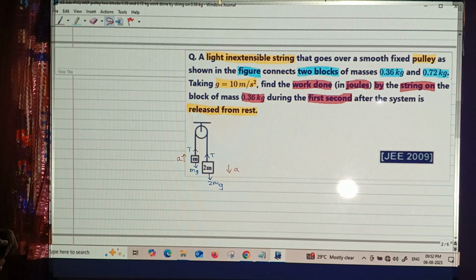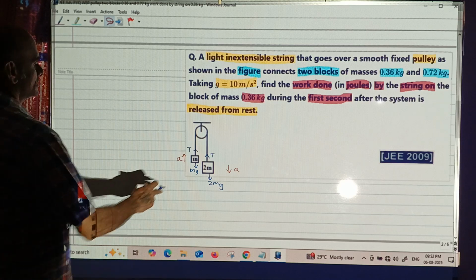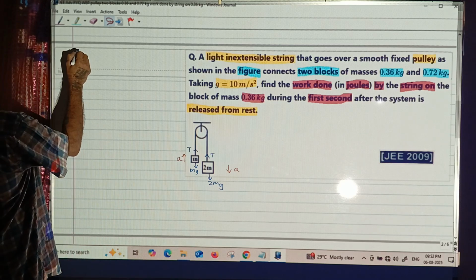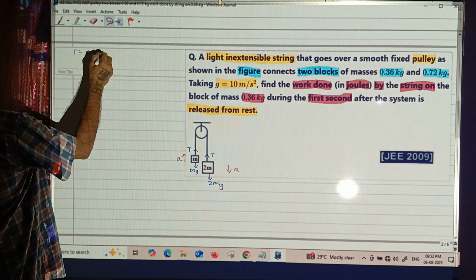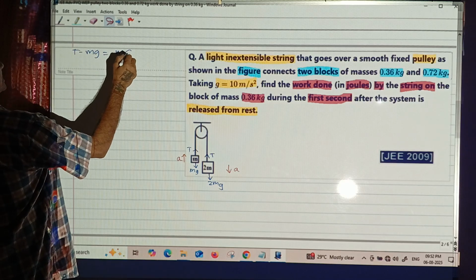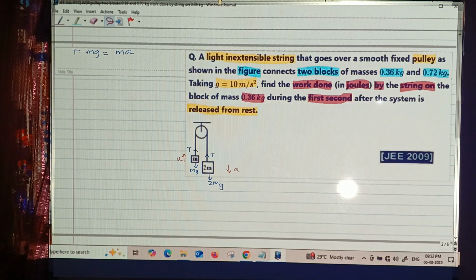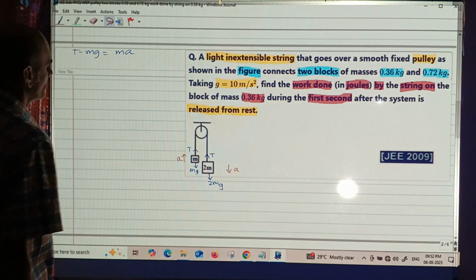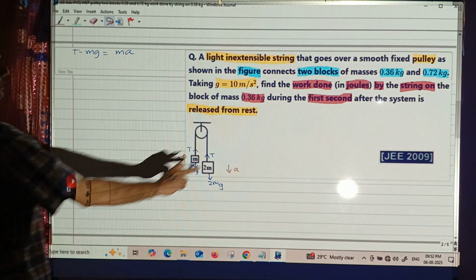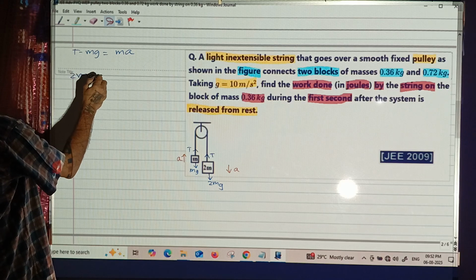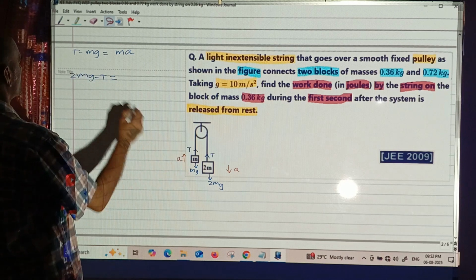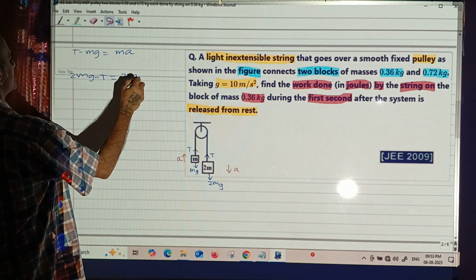So if you write the equation for the first mass, the net upward force is T minus mg, which is equal to mass into acceleration according to Newton's second law. For this 2m block, because it's going down, the net downward force is 2mg minus T, equal to the corresponding mass 2m into the same acceleration a.